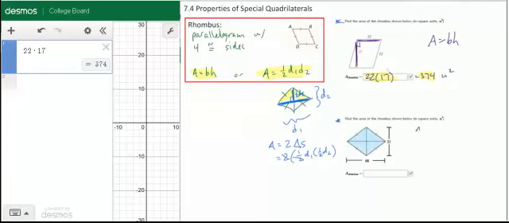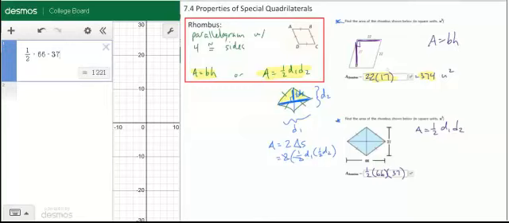You can do that with the straightforward 1/2 the product of the diagonals. Notice they gave you the diagonals here. So 1/2 times 66 times 37, a nice and easy calculation, and we get 1221.